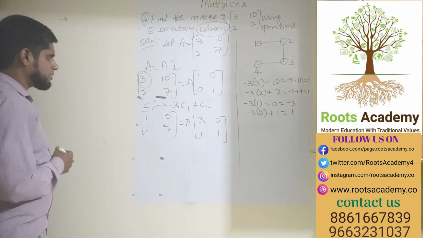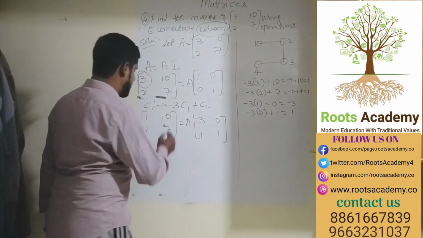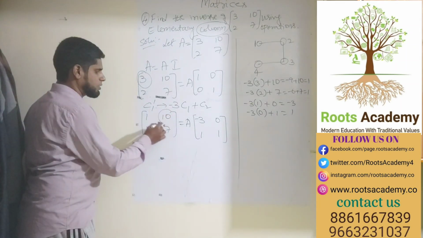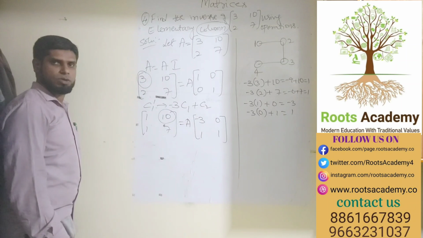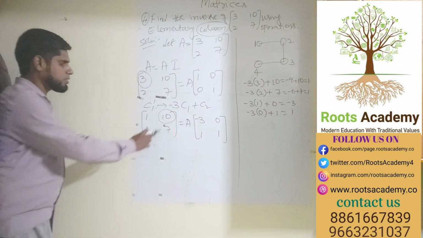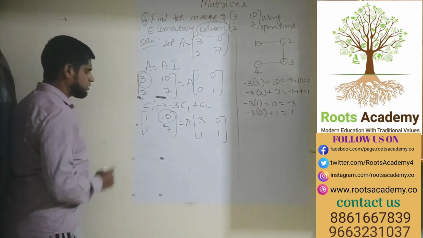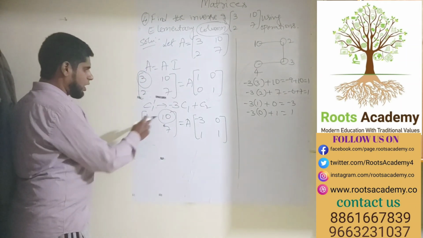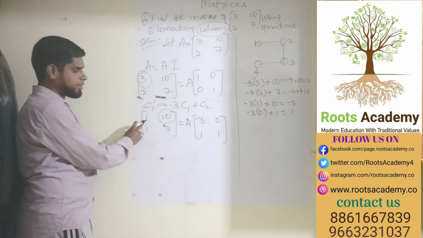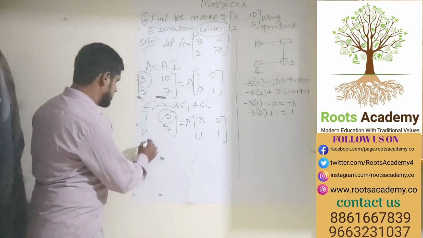So now the next step is, you should make this element as 0. So student, to make this element as 0, what I can do is, I will multiply this by 10 and I will subtract with this.